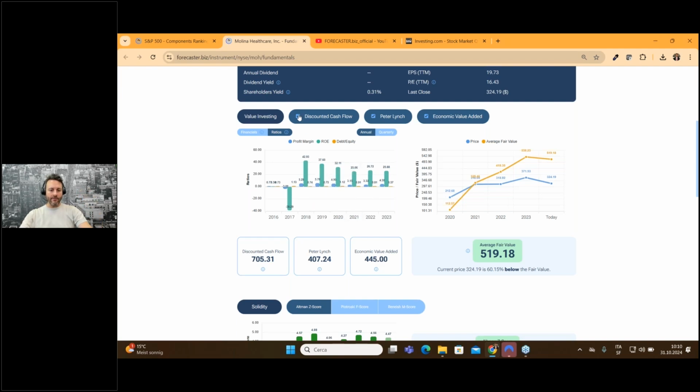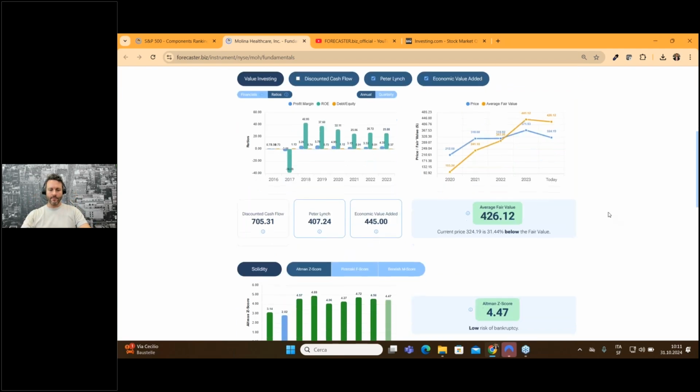Even if we switch off the discounted cash flow, which is the method that gives us the highest number, and we only stay with Peter Lynch and the economic value added, we can still find a 31% undervalued situation for this company, which is very nice. It's a very solid result for our analysis.